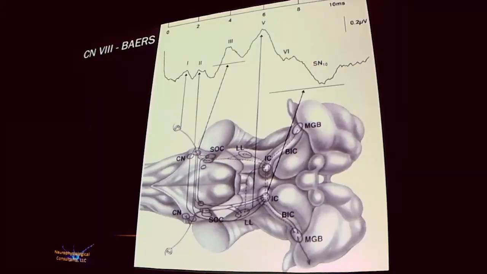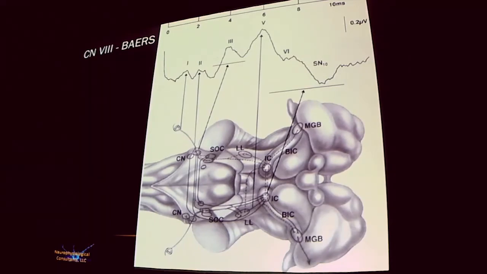Wave 1, and we're looking at a different view of the brainstem here, right? So here's the 8th cranial nerve here. Here's the cochlea. Wave 1 is generated at the distal 8th nerve.